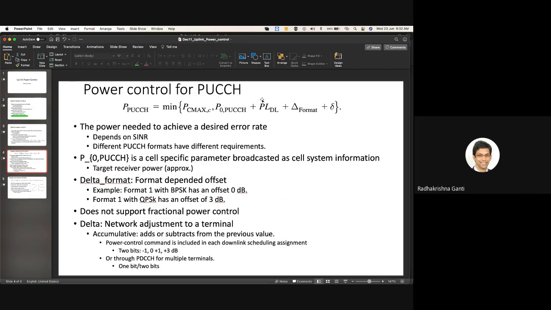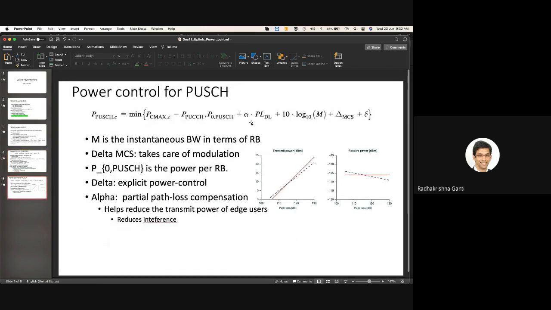Here, you are compensating only a fraction of the path loss. You are multiplying by a factor alpha, which is given by the base station, and you are compensating for this fractional path loss in the uplink.